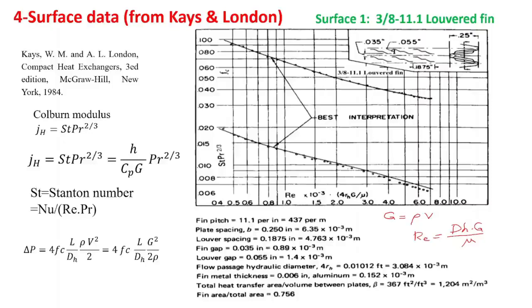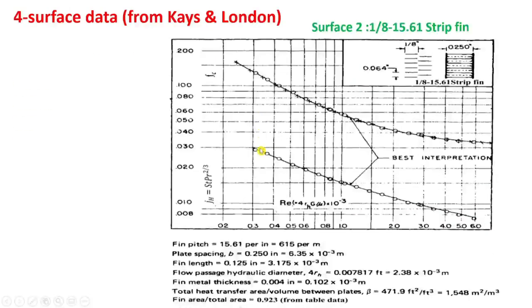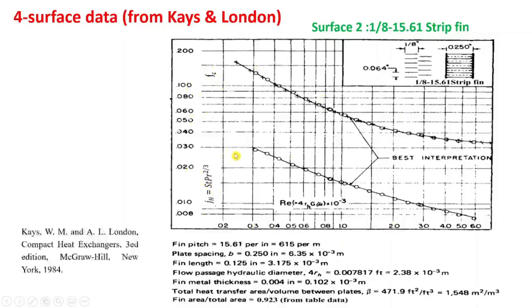So this data is for the louvered fin, and here for the strip fin, also from Kays and London, we get the same thing but for a different surface. Also Reynolds number is in the x-axis, and you have two lines, one for the friction factor and the other for Colburn modulus.